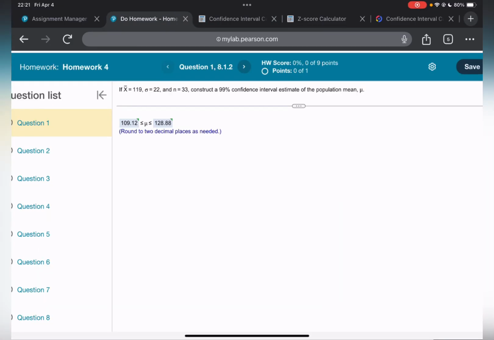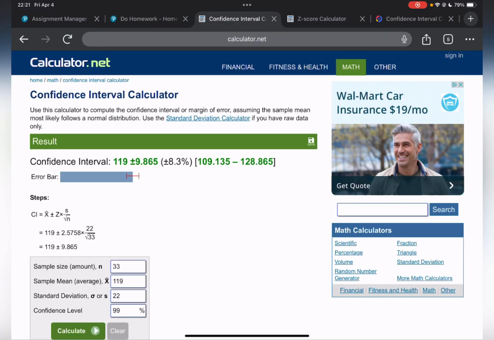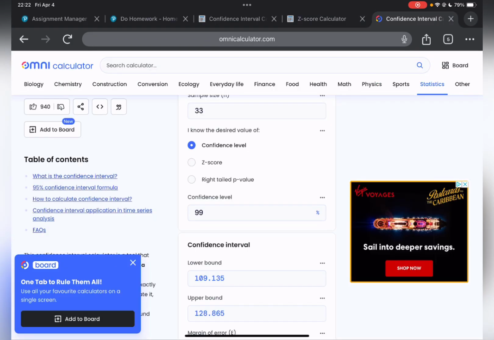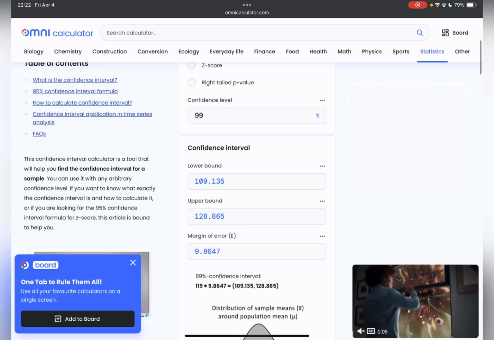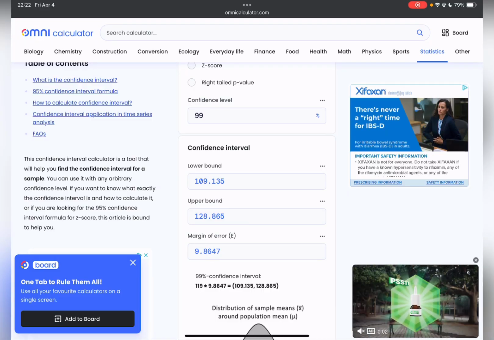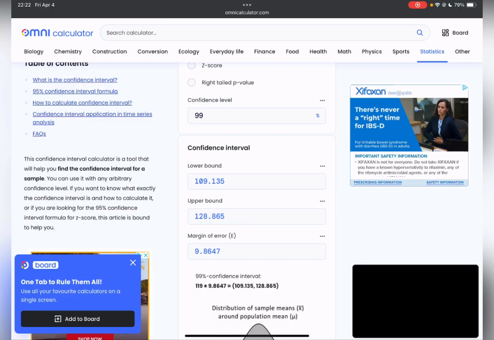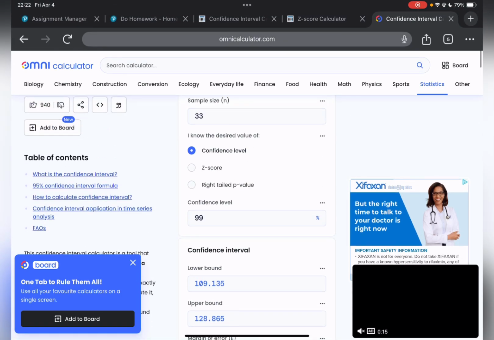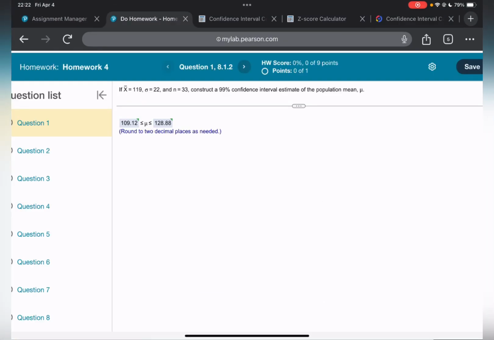Guys, I tried the calculation on a different calculator, and I still got exactly the same result. The one we got here, 109.135, so 14, and 128.87, which means the rounding is somehow different.